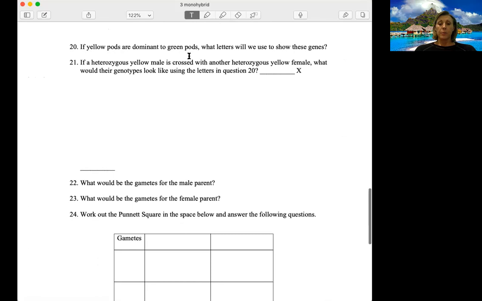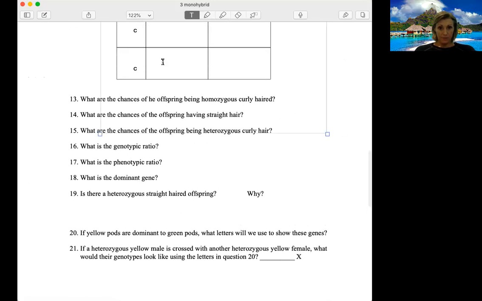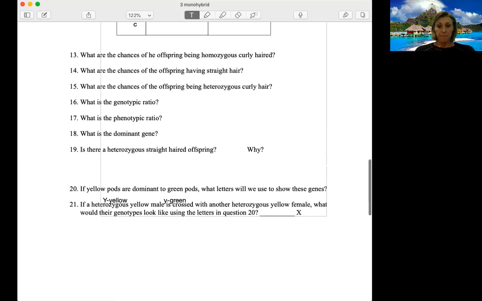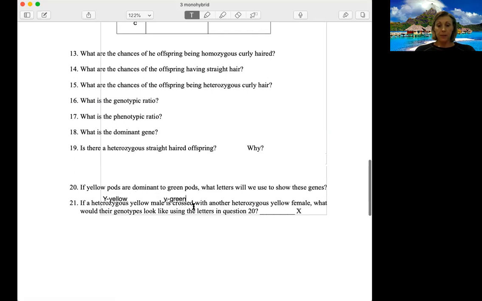If yellow pods are dominant to green pods, what letters would you use? We will use big Y for yellow, little y for green. If a heterozygote yellow male is crossed with another heterozygous female, what would their genotypes look like?